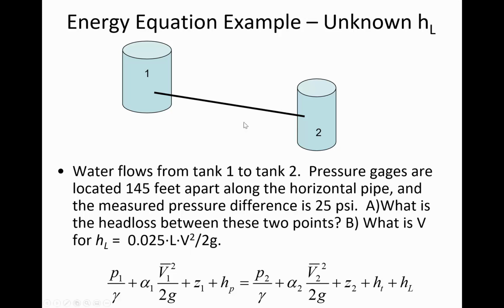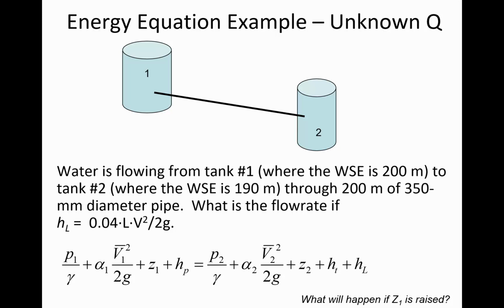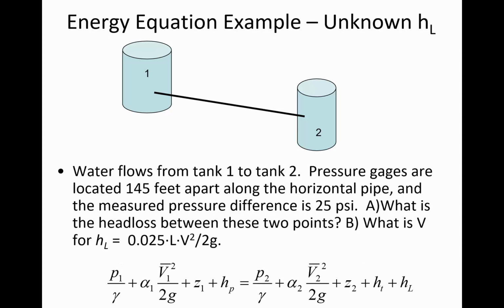So consider this is a little bit different now. So this same picture, but now we're not saying Z1, like the elevation at 1 is 200 and the elevation at 2 is 190. I mean, that may be the case, but what we're going to use as location 1 and location 2 is we're going to apply those locations along the pipe.